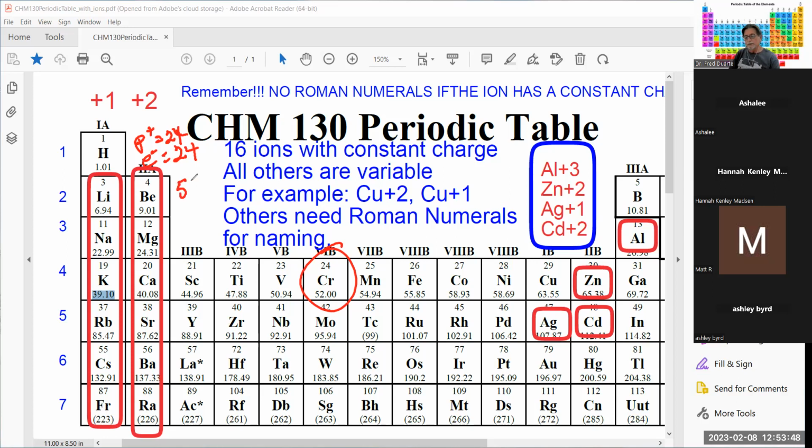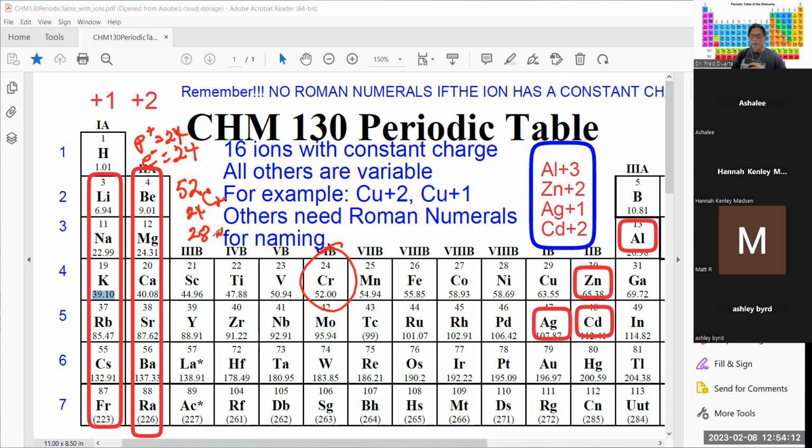So we can write that chrome 24. Okay, now we can ask the question, how many neutrons does chrome have? 28. 28 neutrons, 52 minus 24, okay?